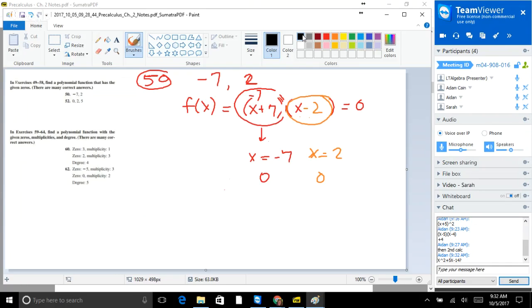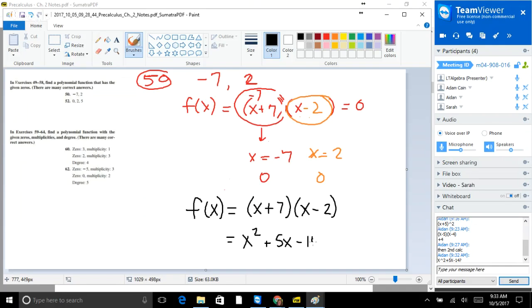So one possible polynomial function would be x plus 7 times x minus 2. And if you wanted to use FOIL, you could say it's x squared plus 5x minus 14 if you wanted to turn it back into a quadratic.